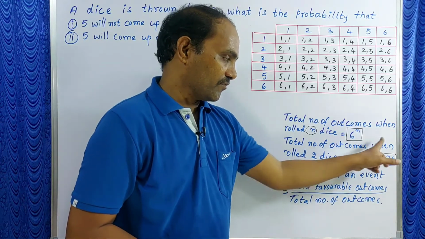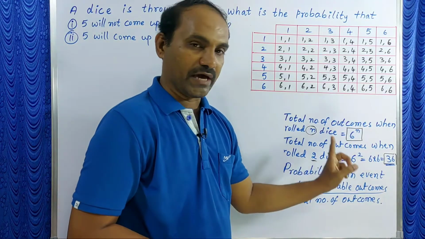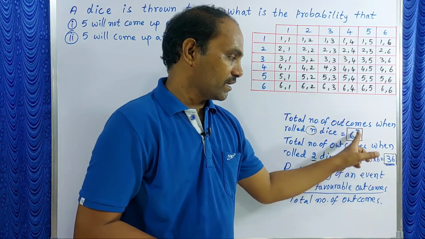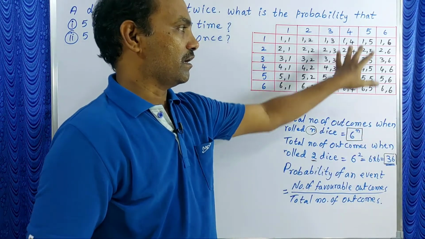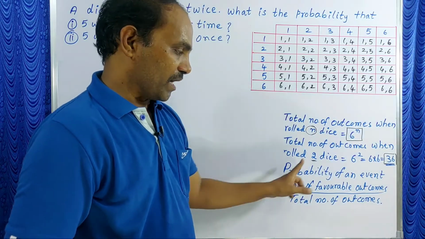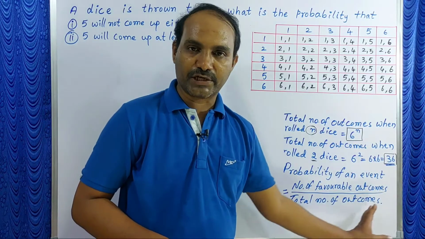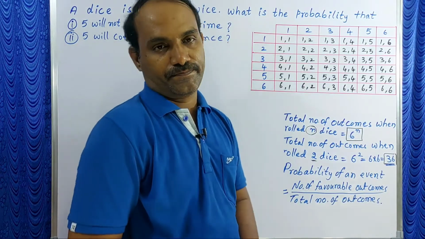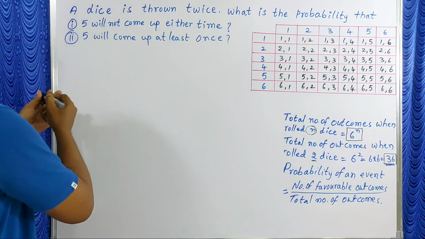So 6 into 6, 36 outcomes are there. Next, probability of an event. Already we know it is number of favorable outcomes by total number of outcomes. Now, let us check what the first question is.